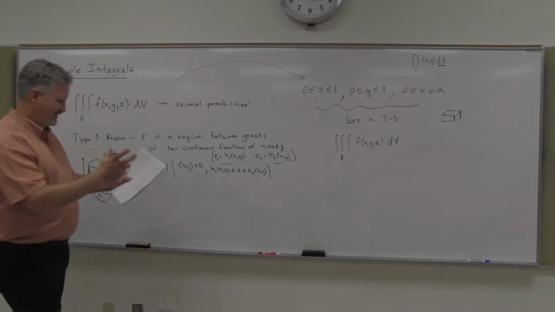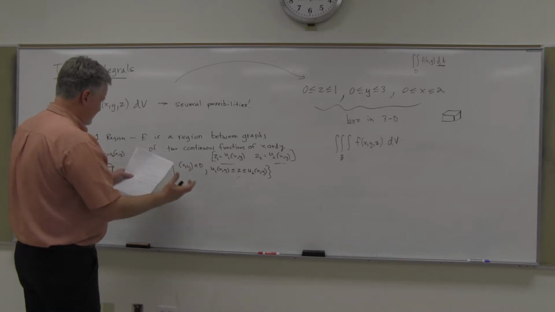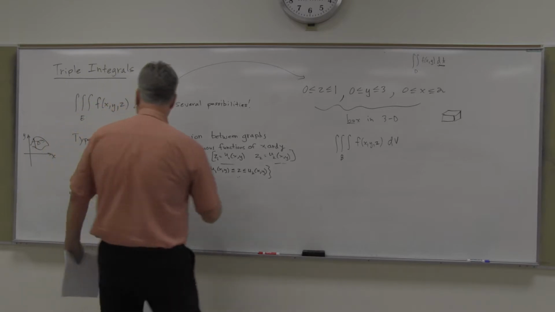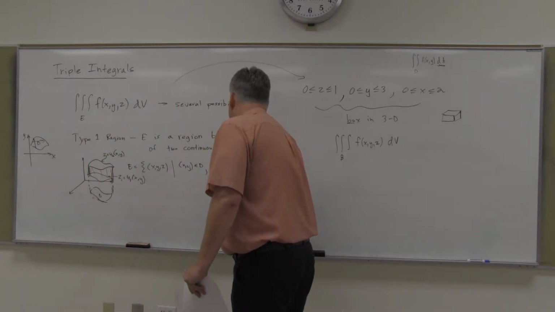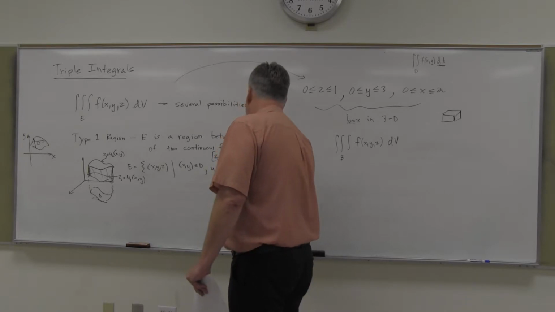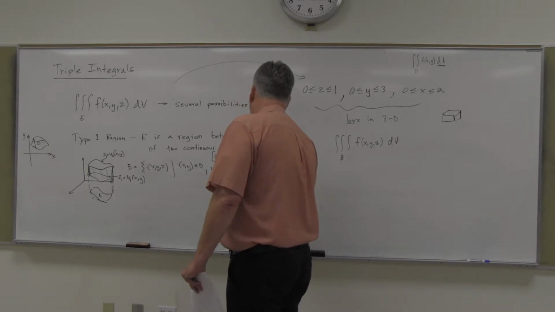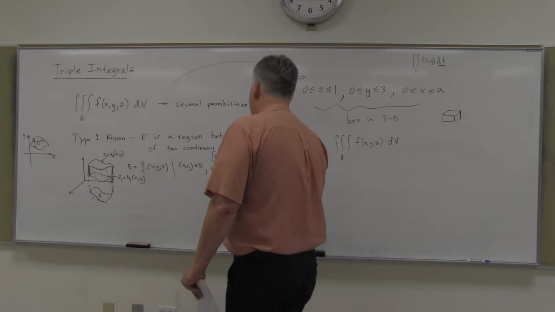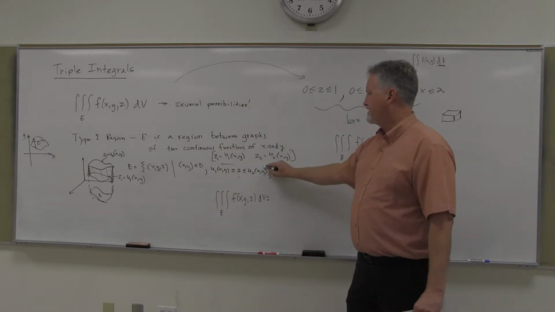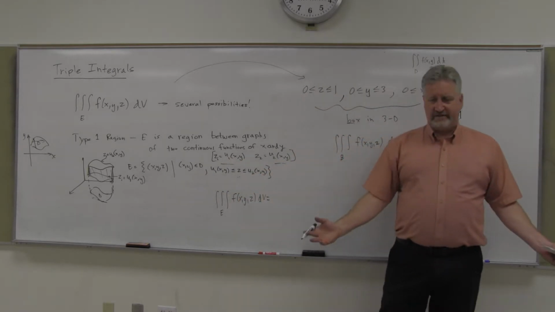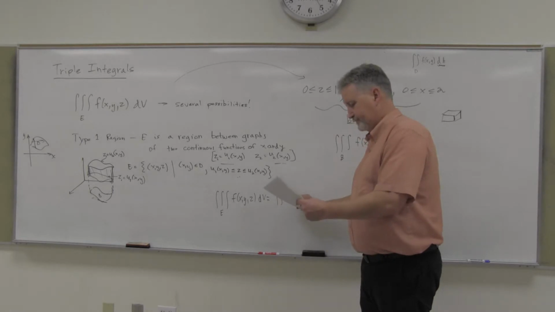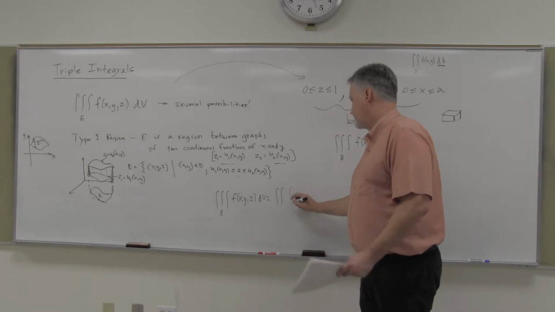So here's what it looks like. Definitely, like I said, if we've got this type 1, what we can say is because z depends on x's and y's, we're going to want to do the z's first.